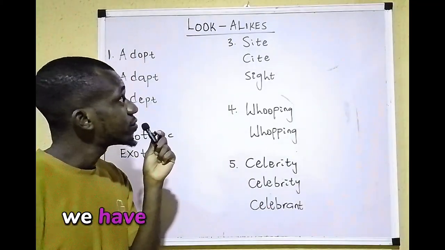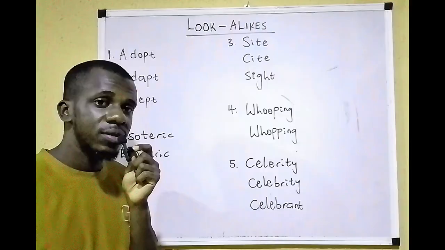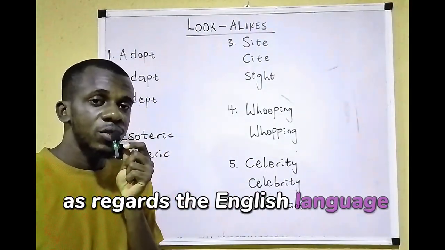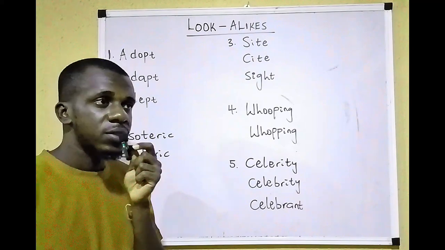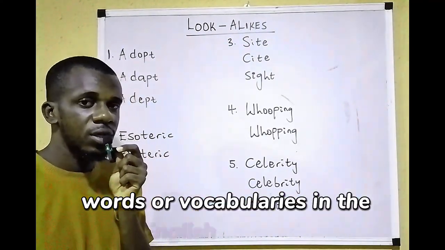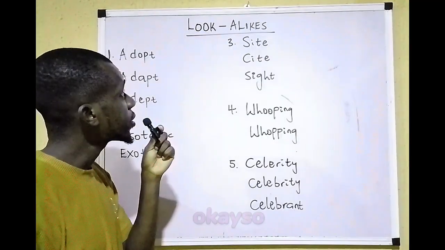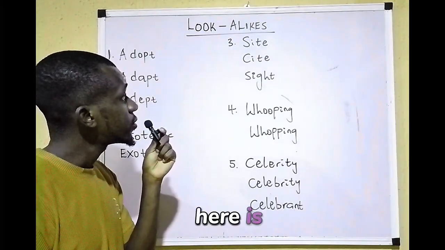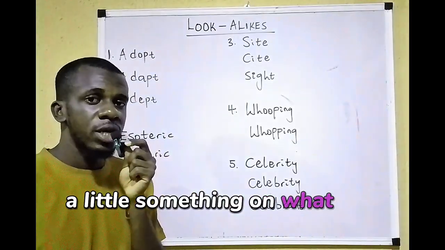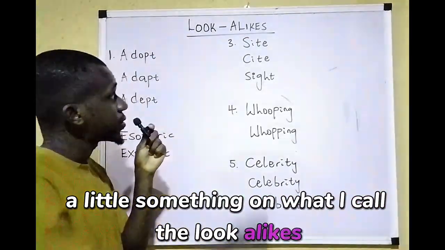We have something very exciting as regards the English language lexis. Simply put, words or vocabularies in the English language. Here is a little something on what I call the look-alikes.